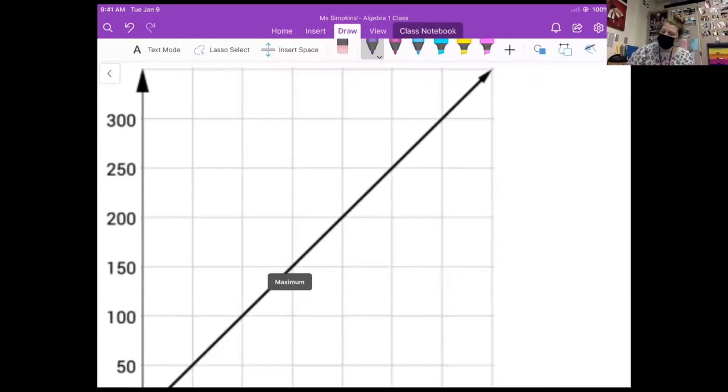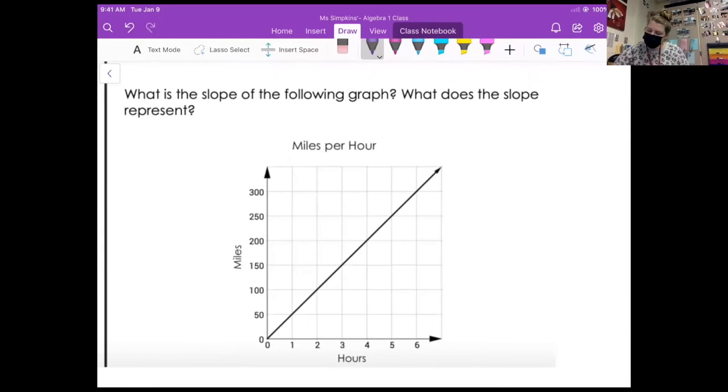So Miss Simpkins is going to choose this point and this one. It does not matter which 2 you choose. We should all end up with the same answer. So I'm going to go up and to the right. How many did I go up?